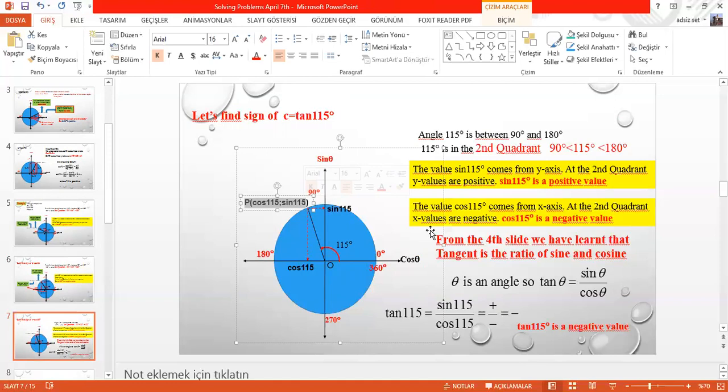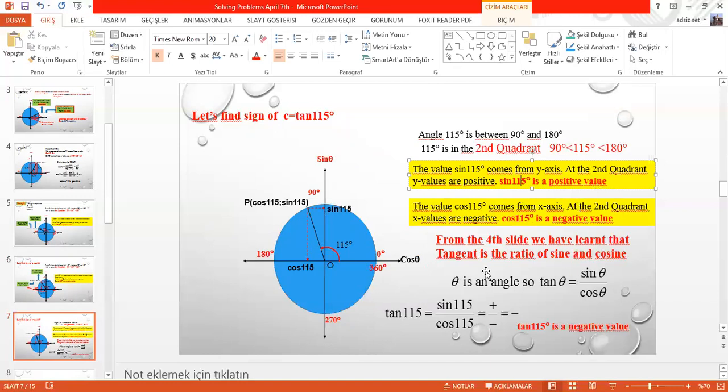The first component comes from X, so cosine 115 comes from X, and it is negative. The second component comes from the Y axis, so sine 115 is positive. So sine 115 is positive and cosine 115 is negative.